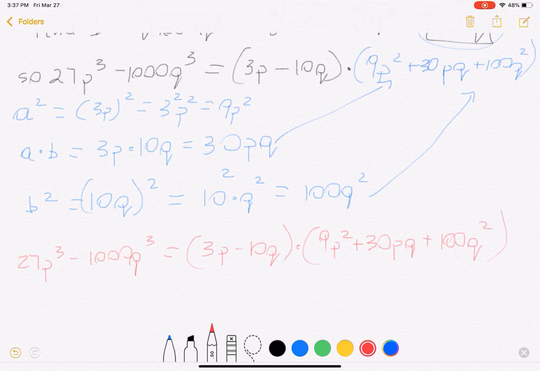And of course, you can always check, you can distribute the right side, and you should end up with 27p to the third power minus 1000q to the third power.